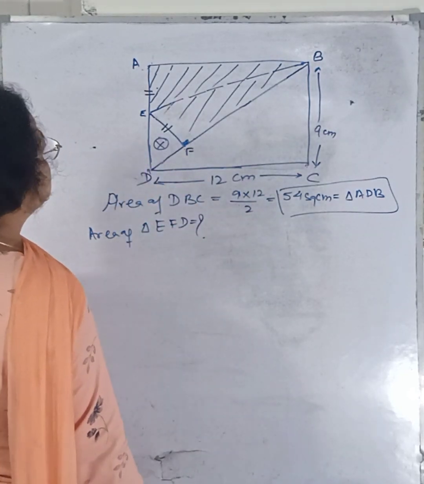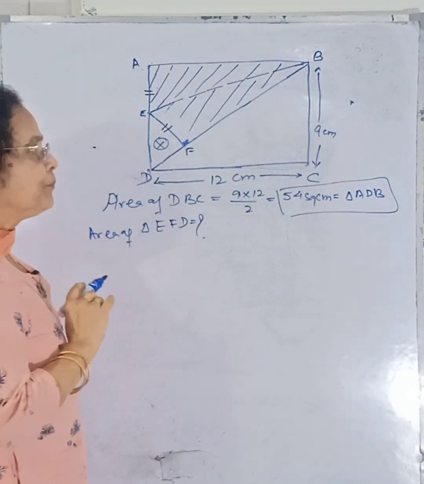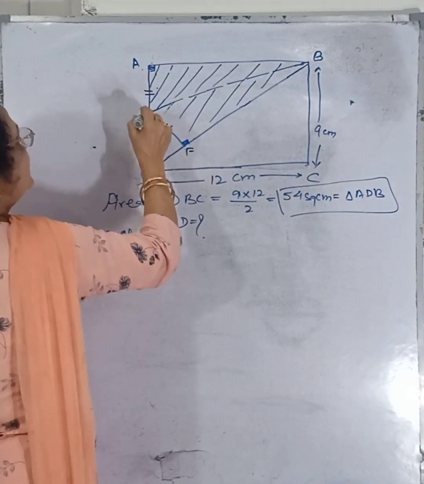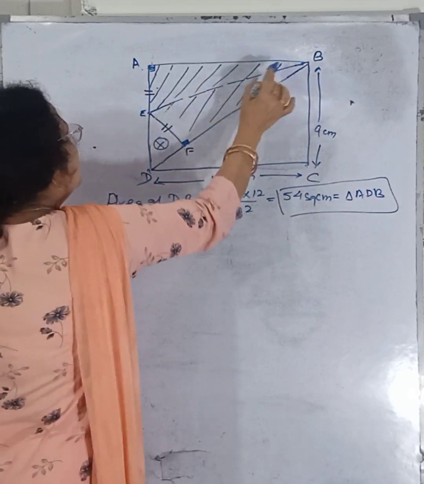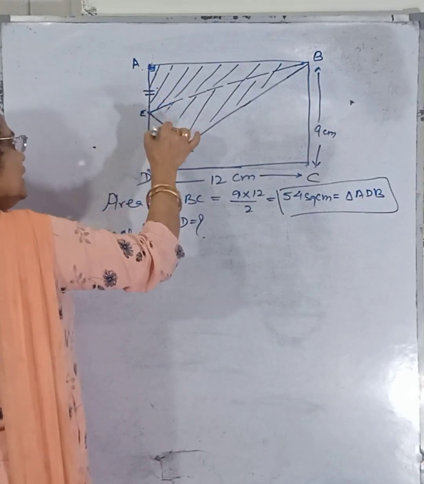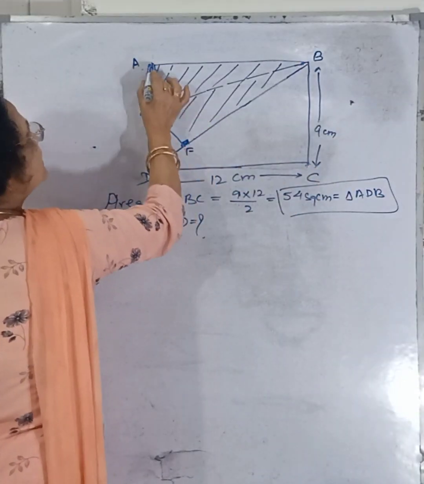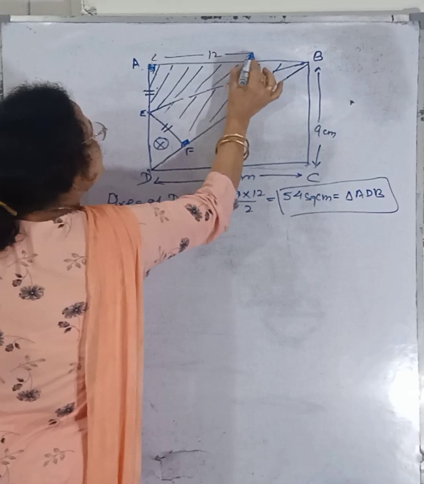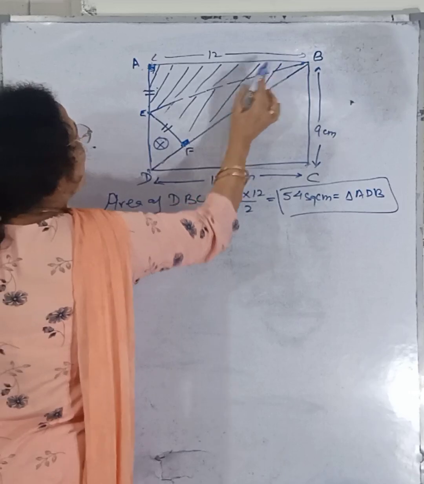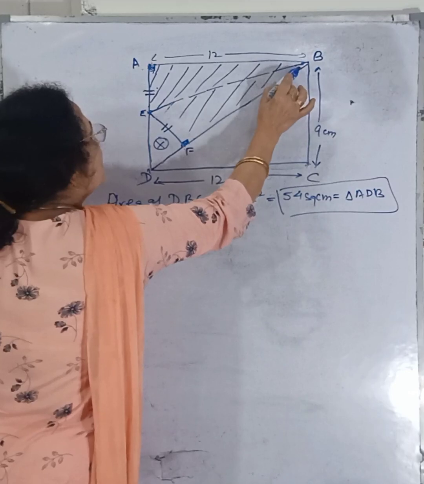Now, let us see. We are given AE is equal to EF. This is 90, this is also 90. In triangles EFB and EAB, AE is equal to EF, this is 90, and this arm is common.